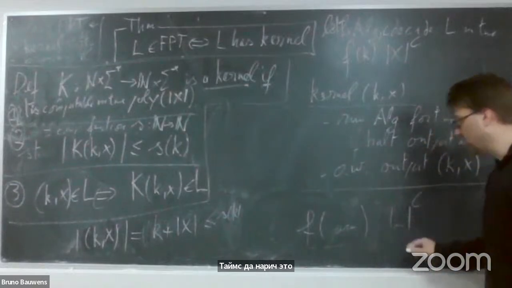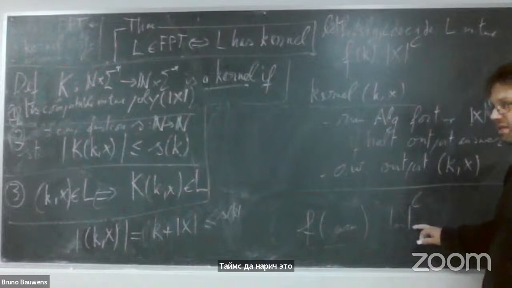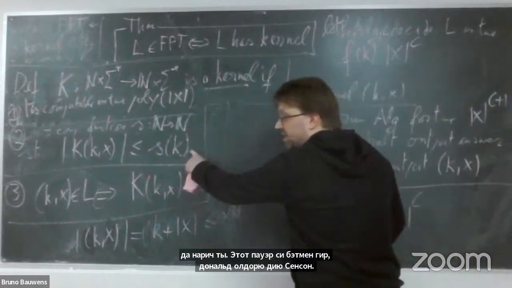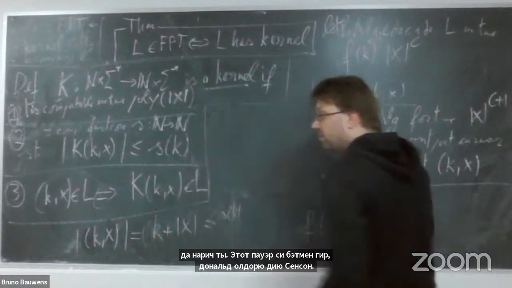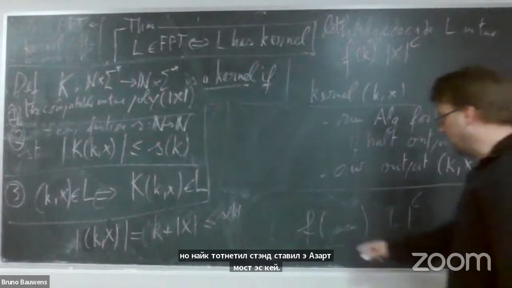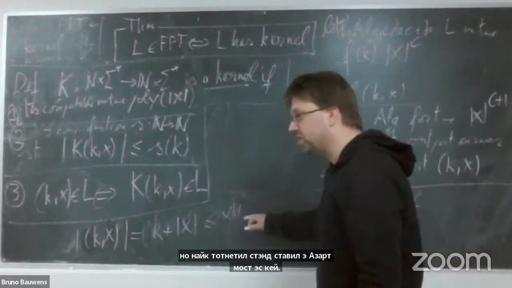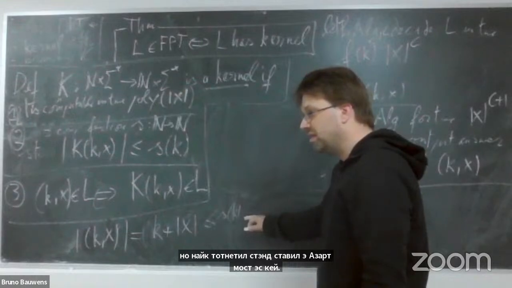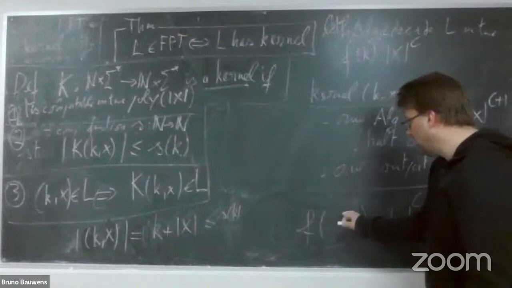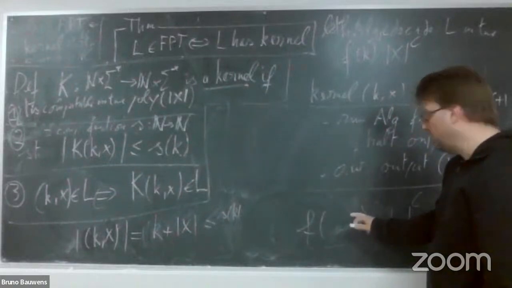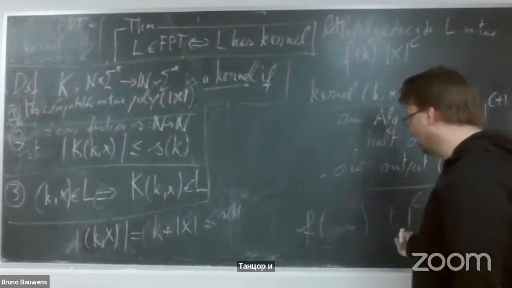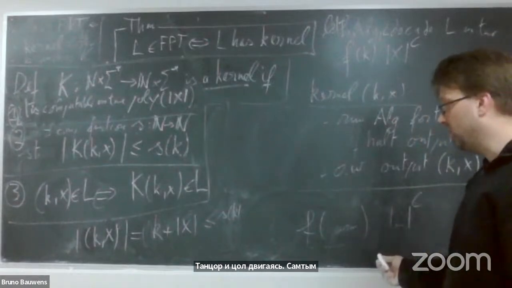But here it is the length of the reduced instance, which is at most S of k. And the parameter is now also at most S of k. So here we have something depending only on k, and here also something depending only on k. So we get something better for the bound on the runtime.